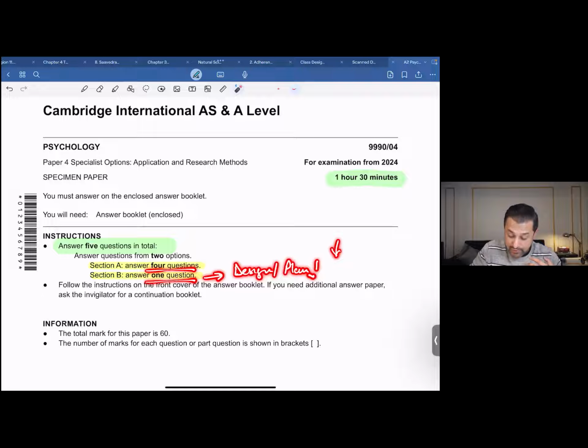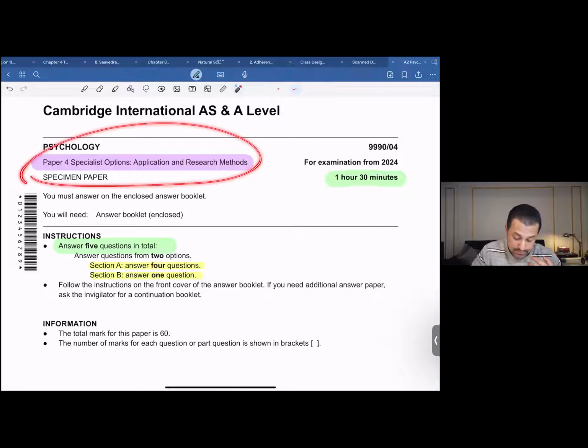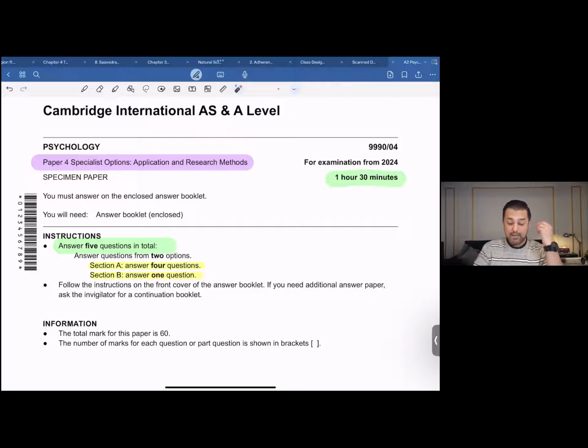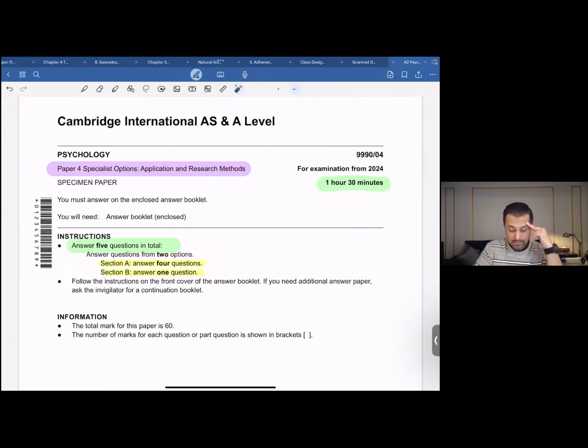And remember, for this particular question, you need to be super good with your research methods. So the name of this paper is Specialist Options paper, that is, application and research methodology, also referred to as the application paper. This paper is of 60 marks again. So we have 60 marks in total and 90 minutes to attempt it.